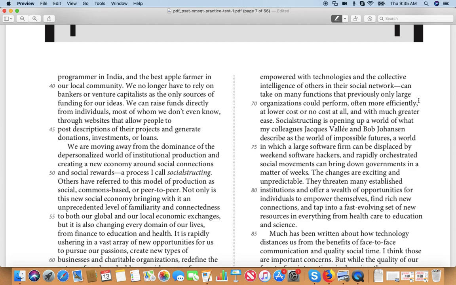We no longer have to rely on bankers or lenders as the only source of funding. Yes, we can raise funds directly from individuals, most of whom we don't even know, through websites that allow people to post descriptions of their projects and generate donations, investments, or loans.